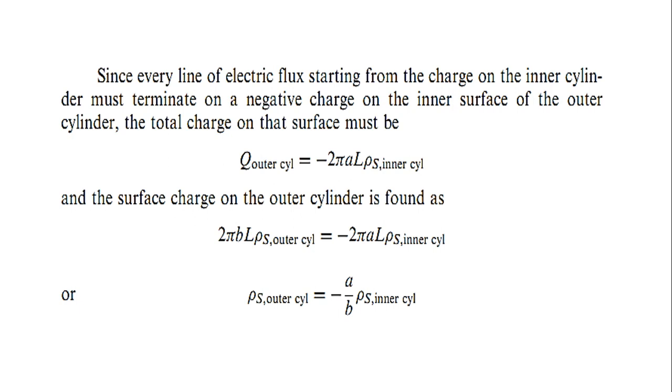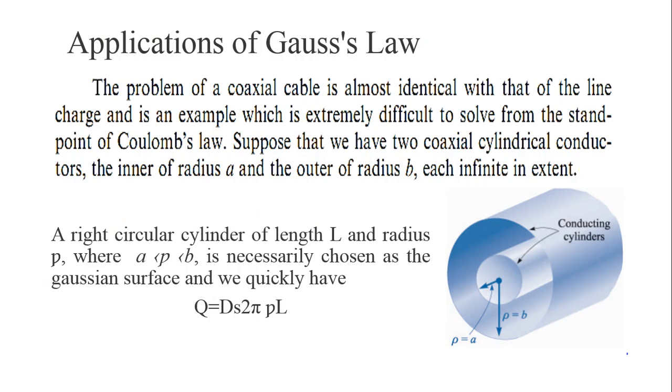If the charge is distributed over the outer surface of the inner cylinder, then according to Faraday's experiment, the same amount of charge will also be there on the inner surface of the outer conductor. What does it mean? When the charge is distributed on the outer surface of the inner conductor, according to Faraday's law, the same amount of negative charge will also be there on the inner surface of the outer conductor.